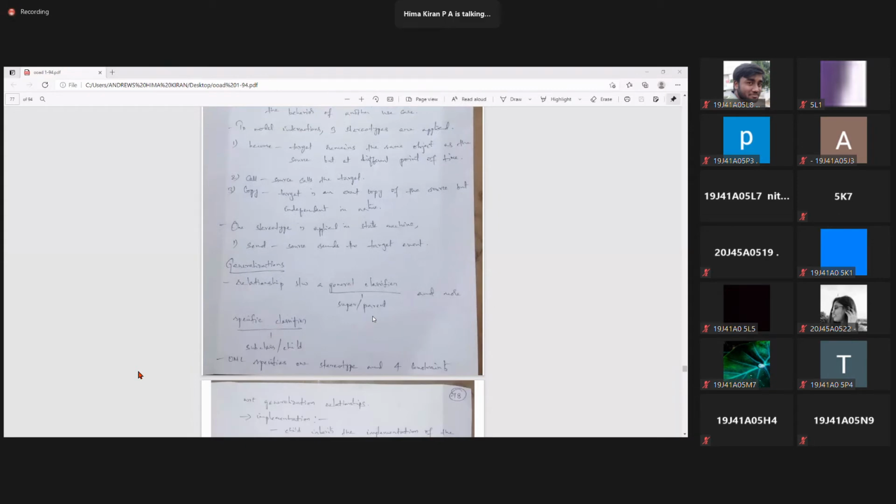One stereotype is applied in state machines. The symbol or representation which we use in order to represent a state machine is a rounded rectangle. So the meaning of state machine is, for example, a previous state machine is there.